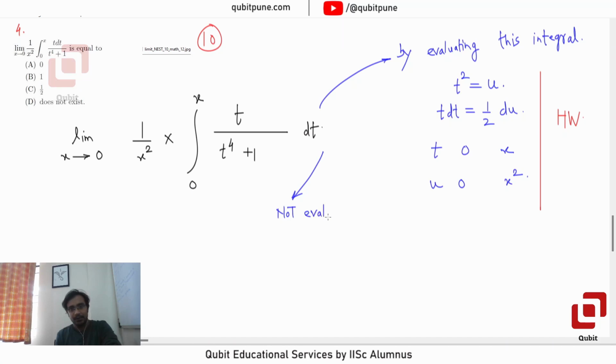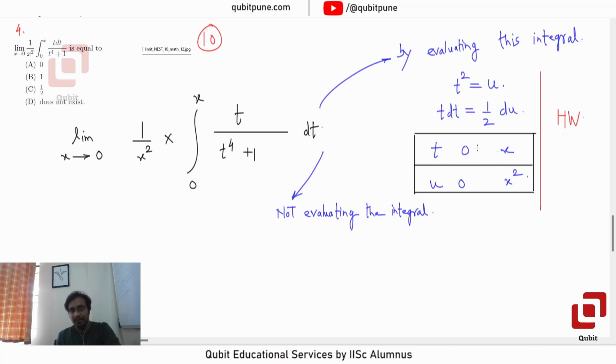So then how are we going to solve it? By not evaluating the integral. Let's think about what we can do to solve that particular problem without using the evaluation or the value of the integral. Look, at the end of the day it is a limit problem, with 1 upon x squared sitting outside the integration.